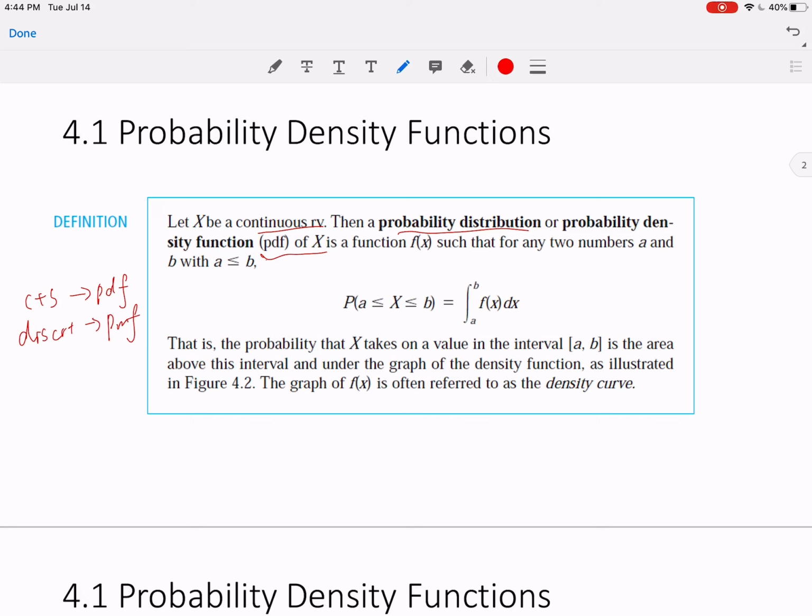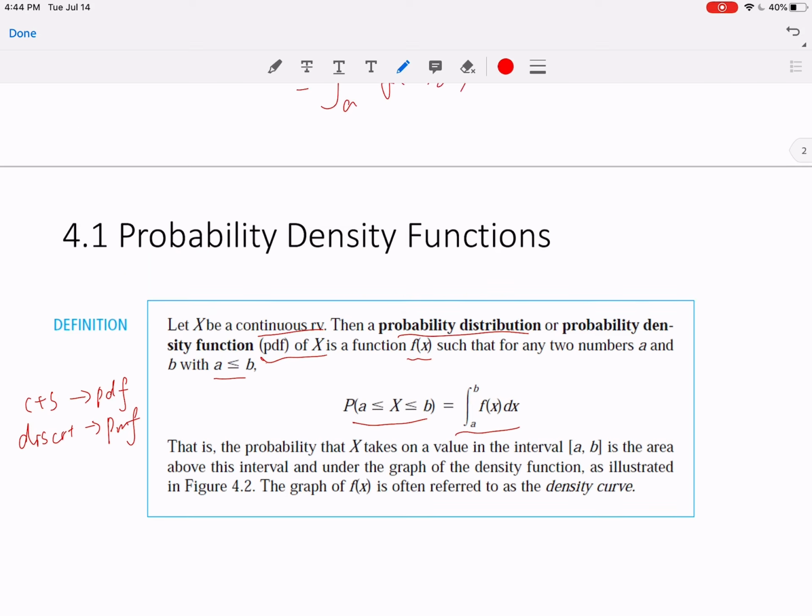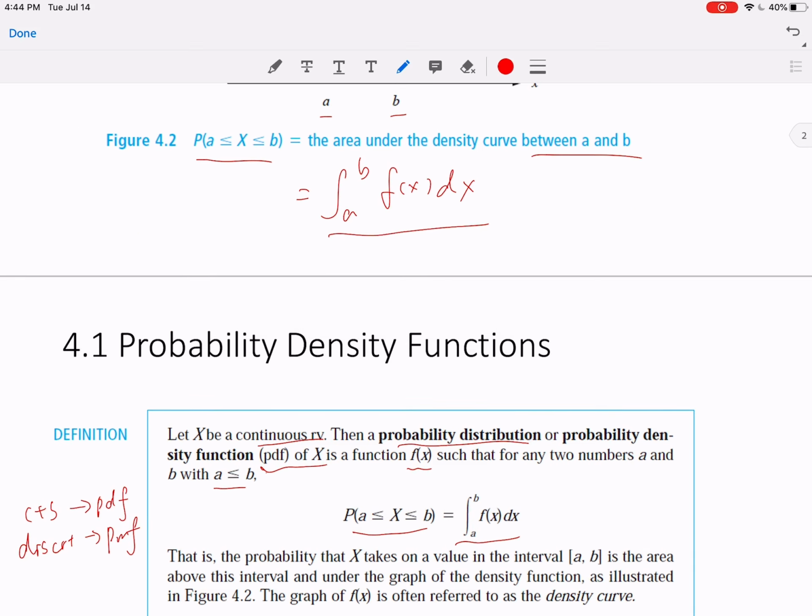Then a probability density function of x is a function f of x such that for any two numbers a and b with a less than or equal to b, the probability that x is greater than or equal to a and less than or equal to b is equal to the integration of f of x over a to b. This is exactly the same thing as what we saw up here.